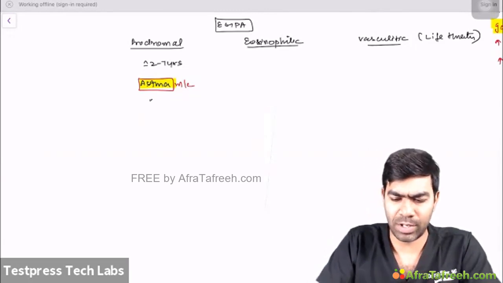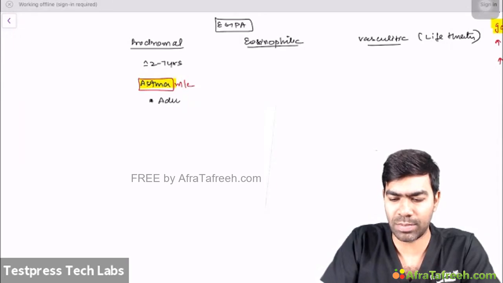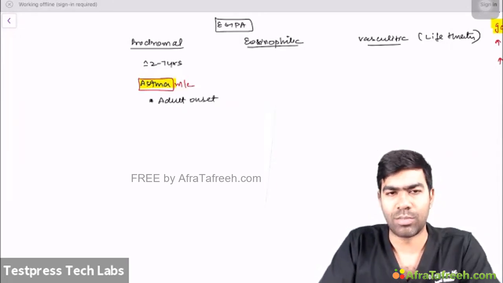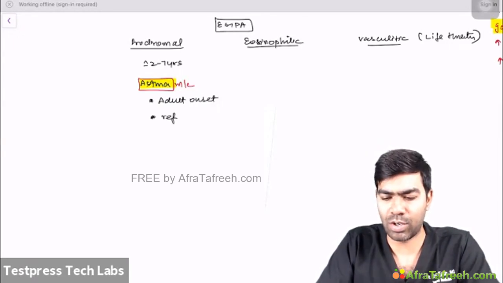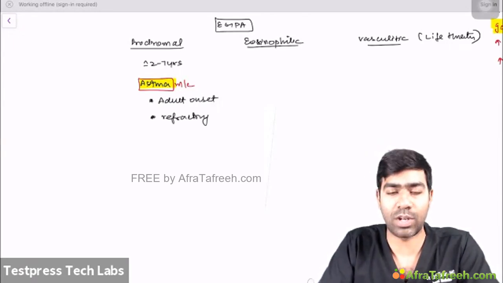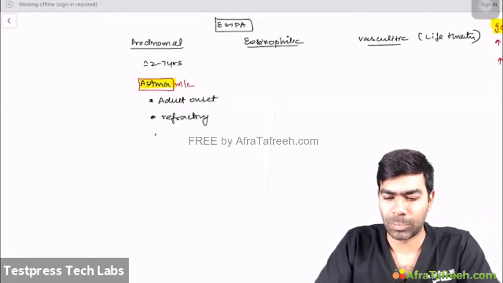How will you differentiate? Because it can be a childhood asthma also. Usually this asthma will be of adult onset most of the time, and it will be refractory to your treatment, which means most of the patients will require oral steroids to control the asthma. They can become refractory over a period of time.